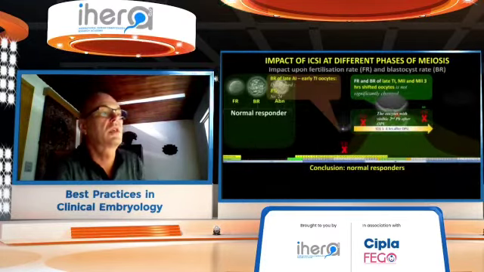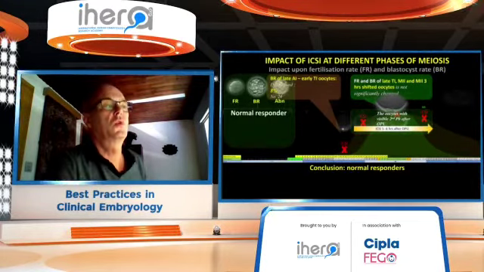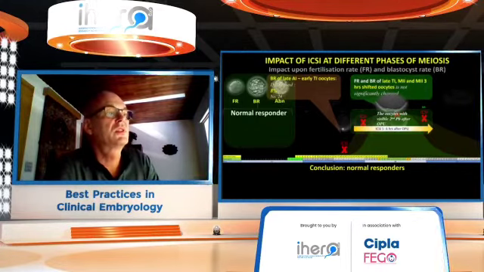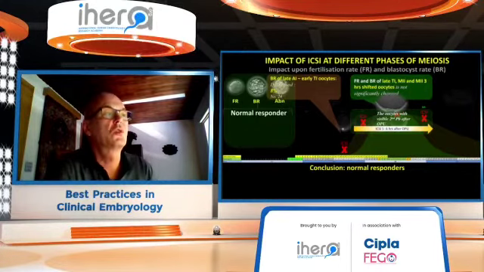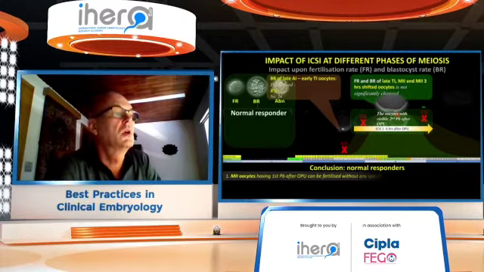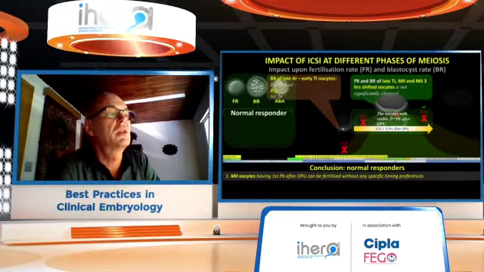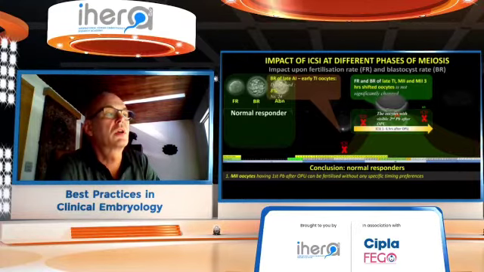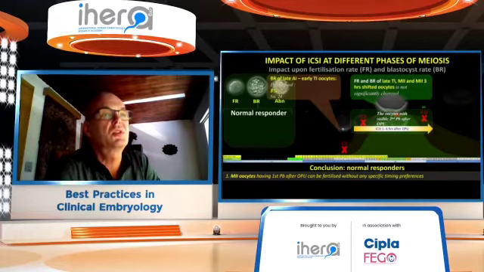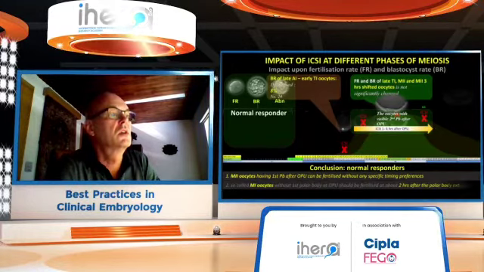Taken together, we can conclude that in order to avoid in vitro induced anomalies and keep a high fertilization and blastocyst rate in normal responders, we have to keep these simple rules. M2 oocytes having a first polar body after OPU can be fertilized without any specific timing preferences.